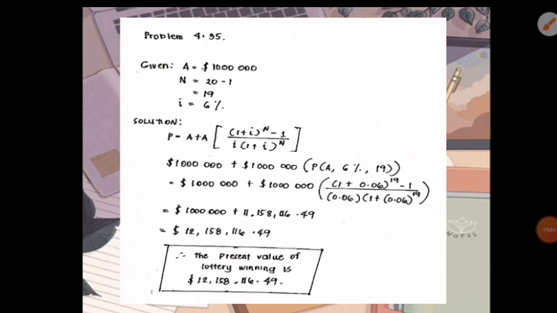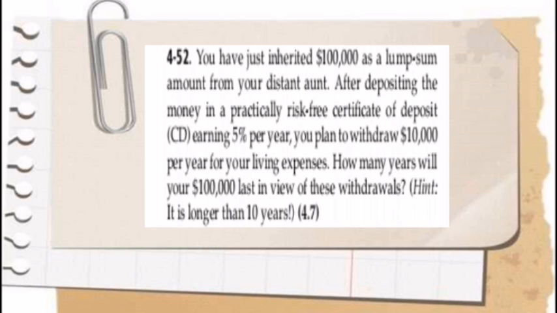So, it is equal to $1 million plus 11,158,116.49. So it is equal to $12,158,116.49. Therefore, the present value of the lottery winning is $12,158,116.49.